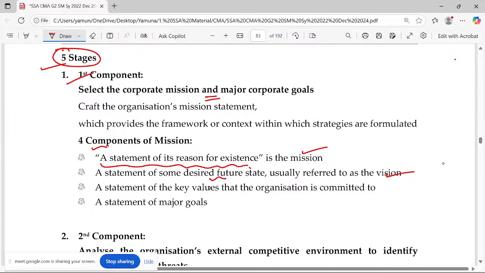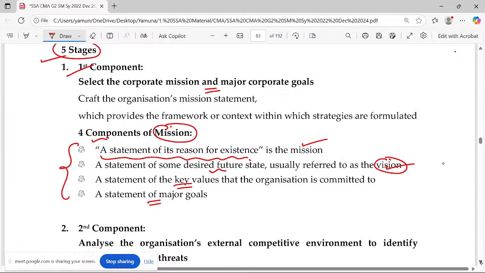Where will I be in the future? The statement of some desired future state. Not only that, we have to give the statement of key values and the statement of major goals. These are the four components put together. Even though we are talking about vision, key values and everything, we put it in the mission, because vision is how we are going to reach that place. That's the first component.